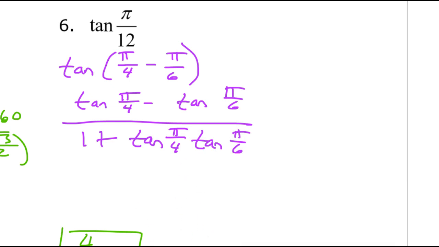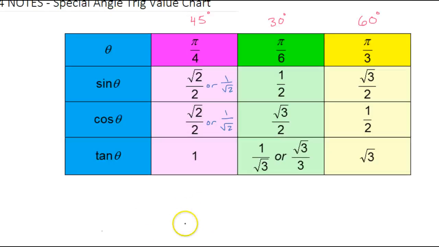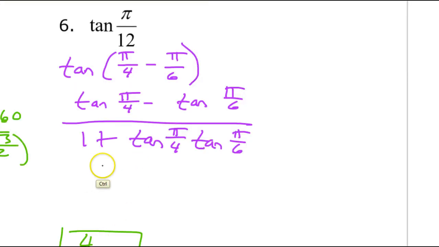Now, all of these values are on my chart, all right? Tangent of pi over 4 is 1, and tangent of pi over 6 is radical 3 over 3. Okay, so tangent of pi over 4, that's 1, minus tangent of pi over 6, that's radical 3 over 3.